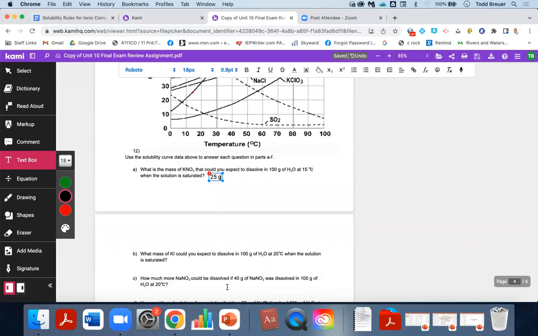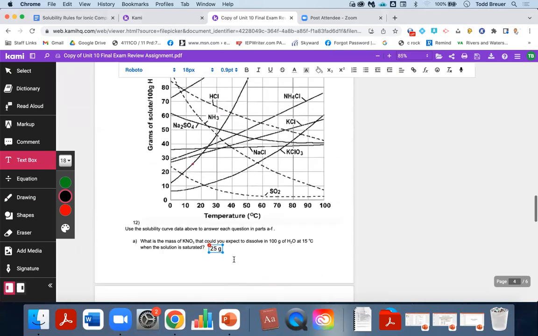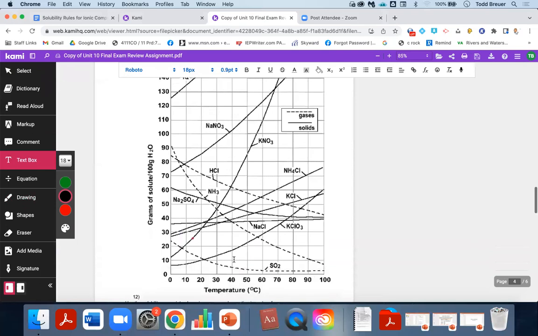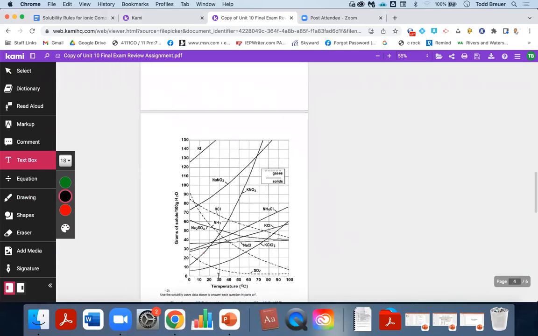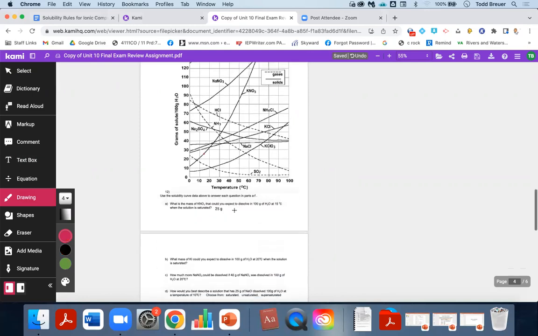So in letter B, it's asking about KI, and the temperature is 20 degrees. So we want to know how much KI we could dissolve at 20 degrees. So let's find KI, 20 degrees. Let's shrink this in a little bit. 20 degrees, KI. Let's put a nice dot right there. Dot looks to me like it's about 143-ish.